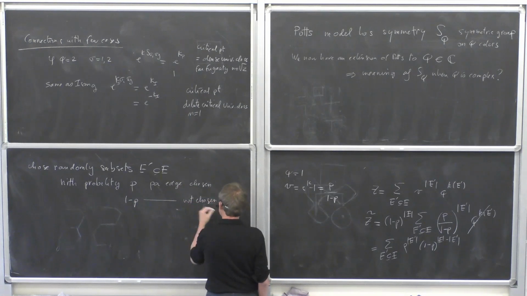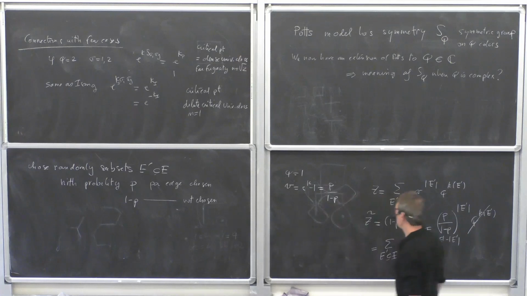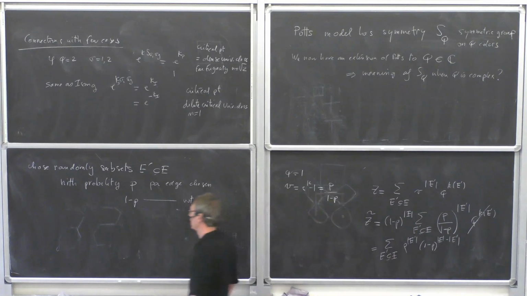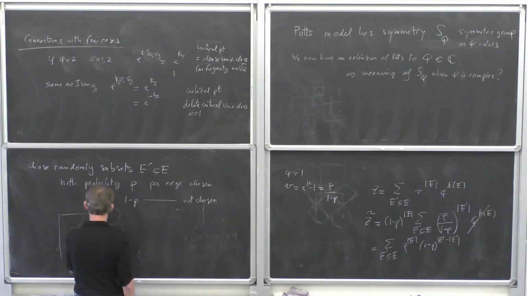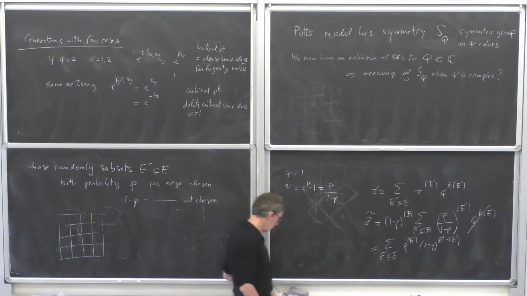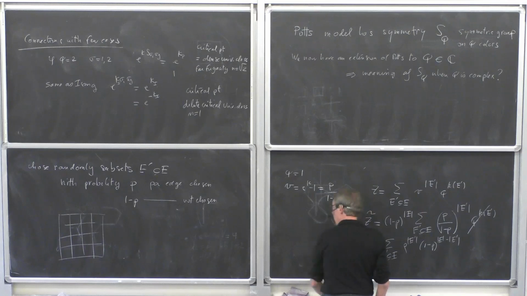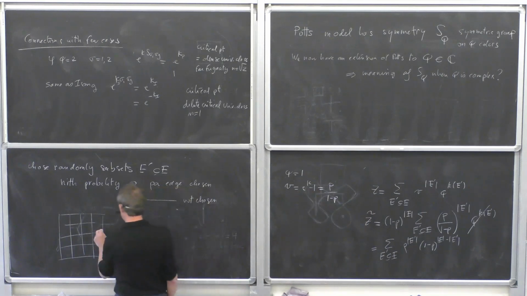Okay? So this is a problem where you take a lattice, in that case the square lattice, and then you sum over configurations where you choose edges at random.